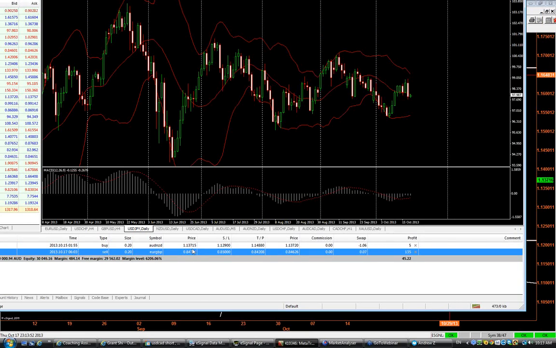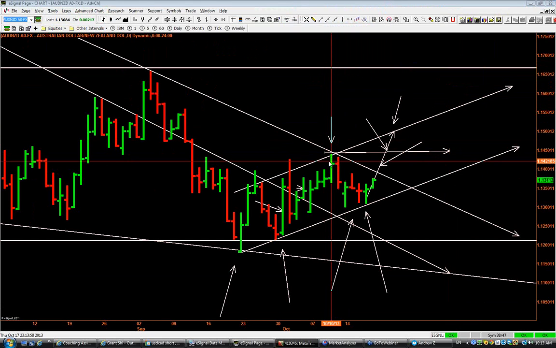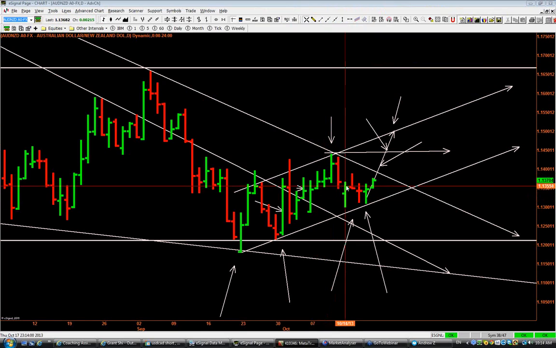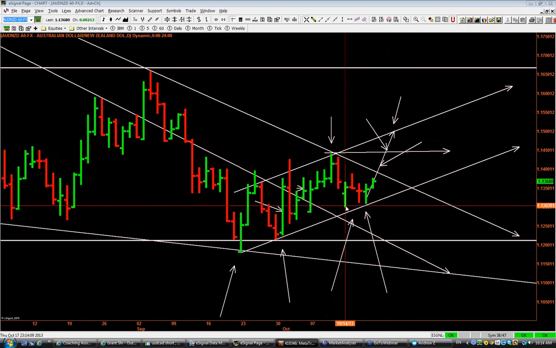Entry price 1.1371. Okay. 1.1371. Yeah, roughly about here. So I still hold it. So my stop loss just 10 pips below this reversal, that green one.